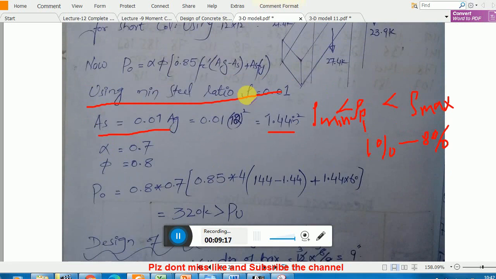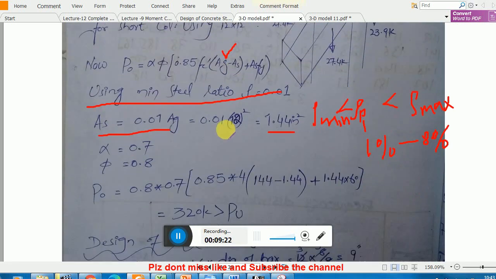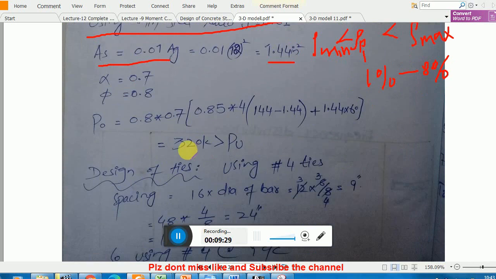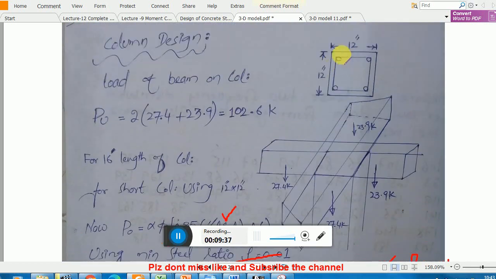So I just plug in all the values. I have AG because my column section is 12 by 12, so my AG is 144 minus 1.44, that is AST. Do all the calculation, you got 320 kips, which is greater than PU, so we are okay. The column capacity is okay for this amount of reinforcement.